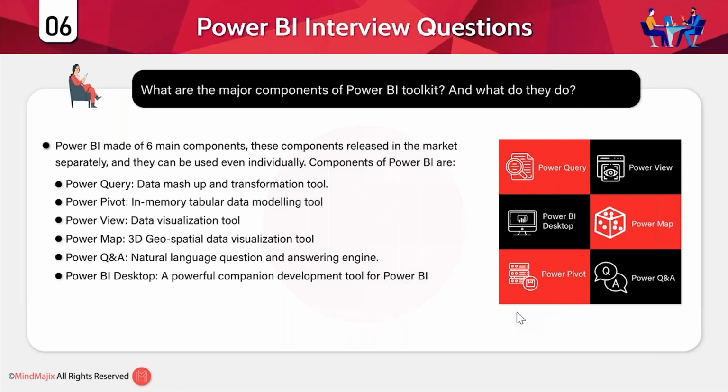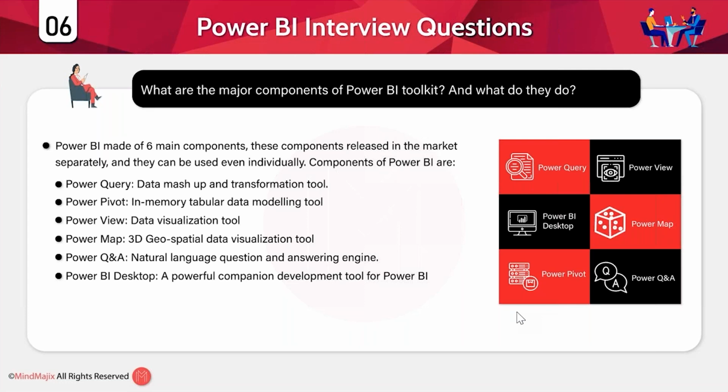Now let's understand Power Q&A, which is a very interesting one. It gives you the ability to create a natural language question and answering engine. So what you do is you create some synonyms at the backend of the typical questions that could be asked based on the data set you have uploaded on Power BI Desktop.